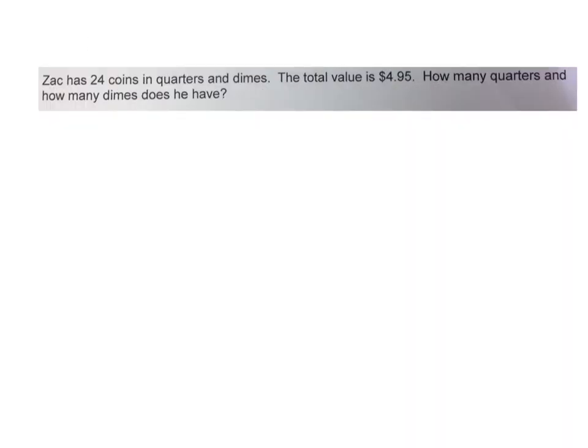Second example. Zach has 24 coins in quarters and dimes. The total value is $4.95. How many quarters and how many dimes does he have? So, again, we're going to define our variables, and if you see in the last line, how many quarters and how many dimes does he have?